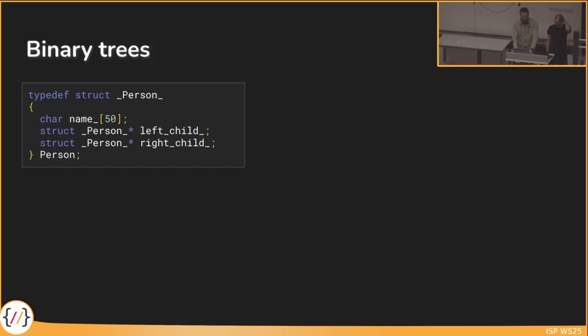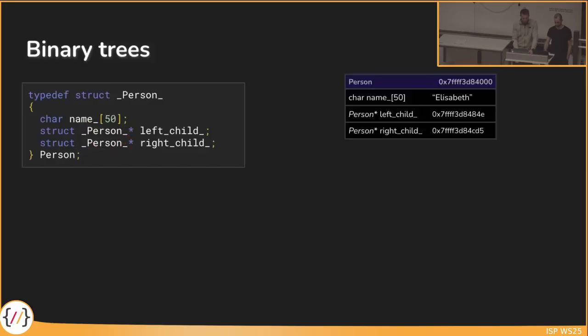So we could implement a binary tree, for example, a tree of persons like this, where we have a struct person with just a name as data. We could for sure have more attributes here, but we just go with this simple example with a name. And then we have pointers to a left and a right child, similar to the practicals.